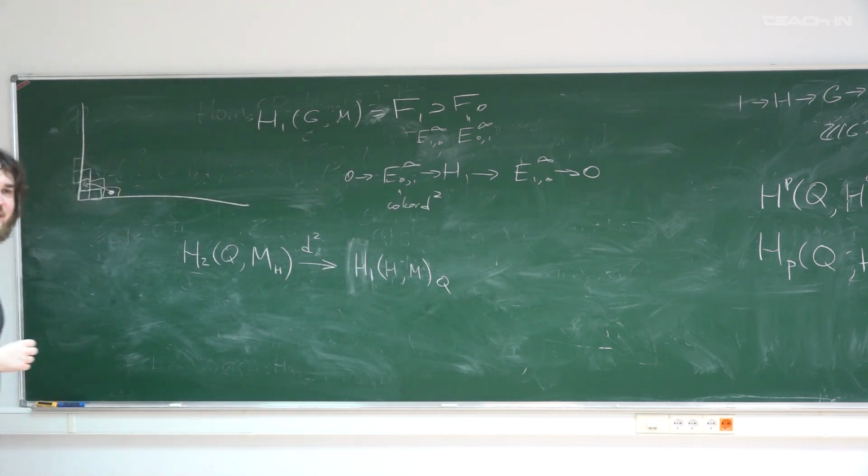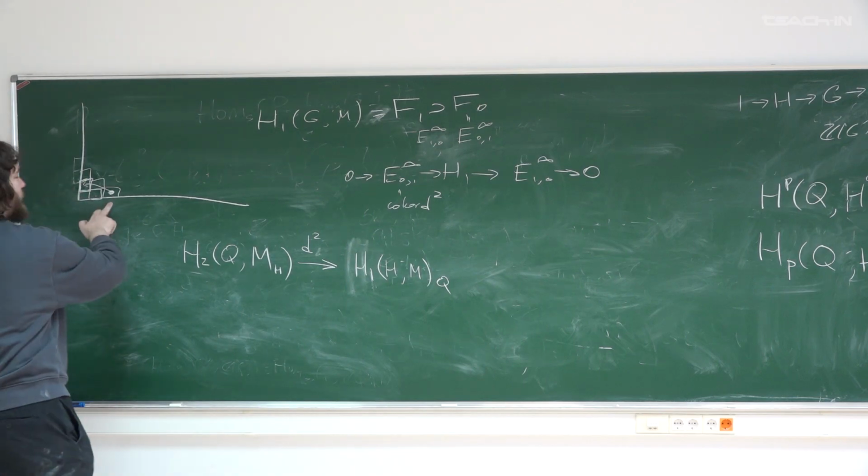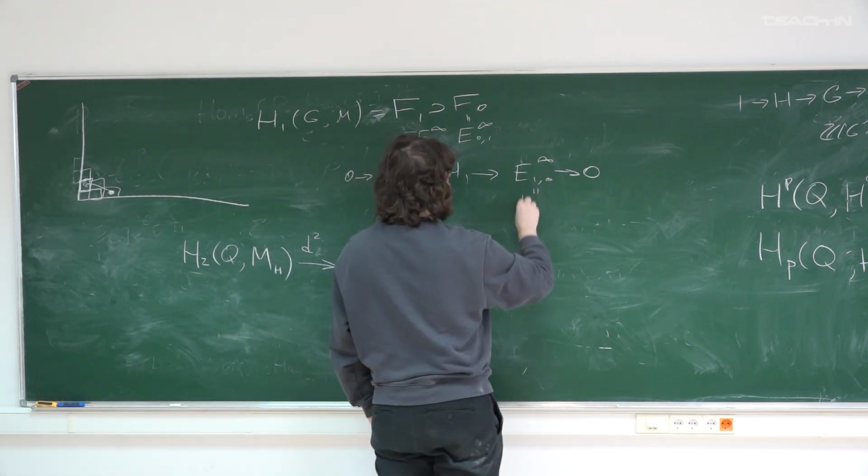Do you agree? At this place, the only non-trivial differential is this differential. If I consider the cokernel, I obtain the third page, and this is exactly the infinity page already. And here is the kernel of the differential.